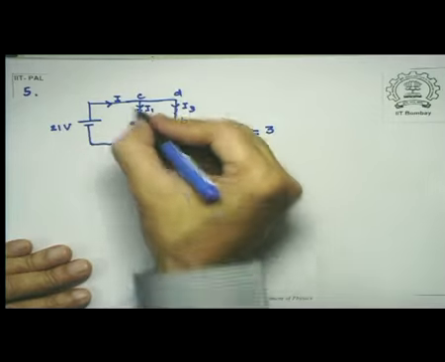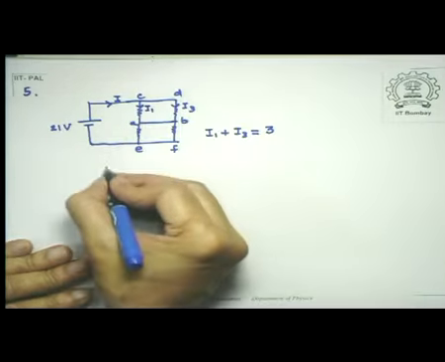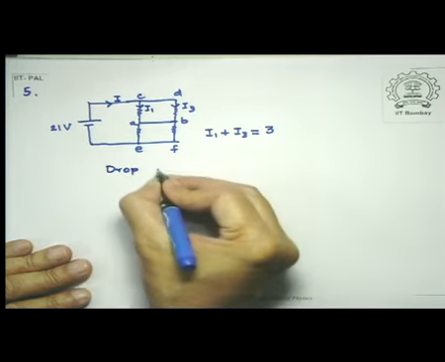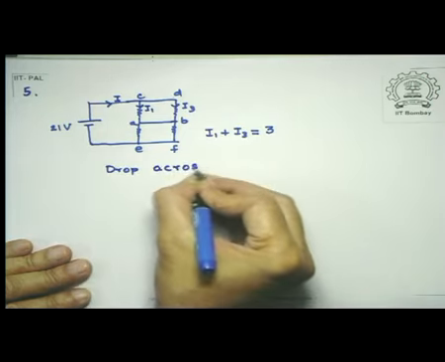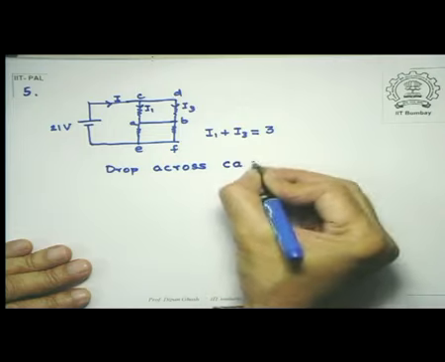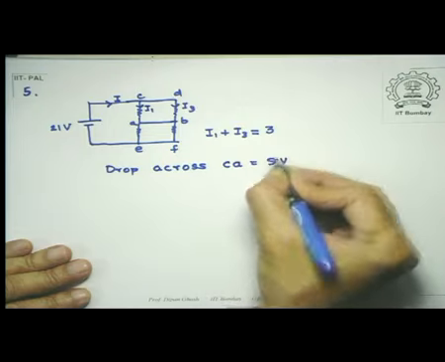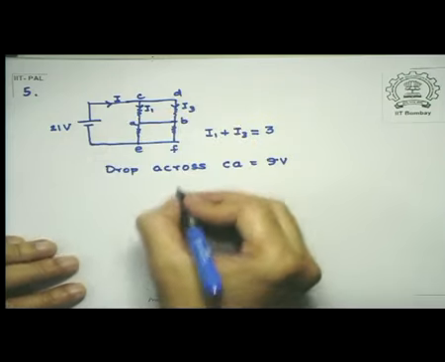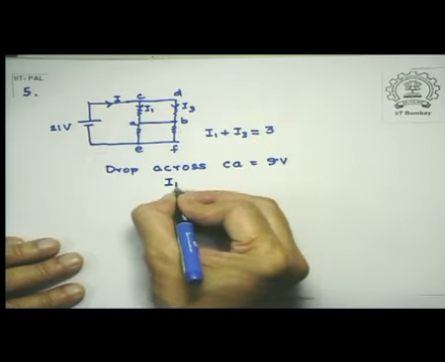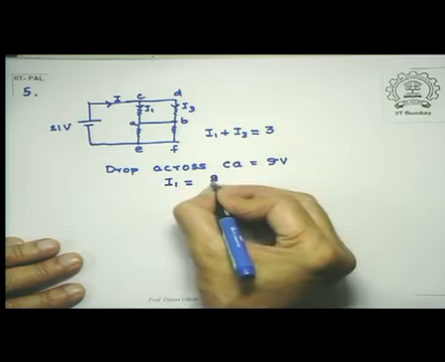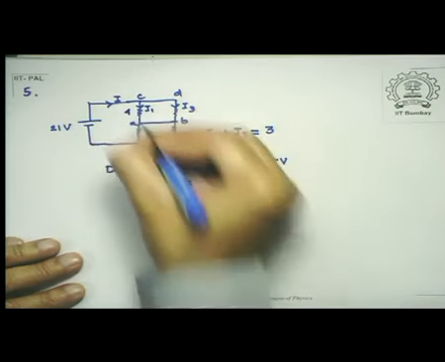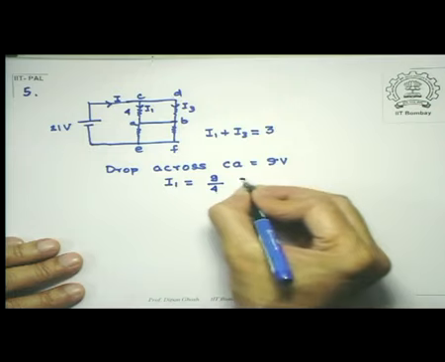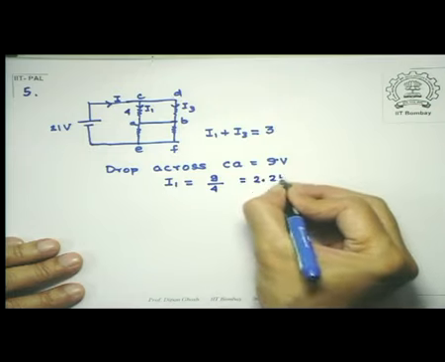And we have seen that the drop across CA is equal to 9 volts. So I can easily calculate the current I1. Current I1 is obviously 9 divided by 4, this was 4 ohms, which is equal to 2.25 amperes.